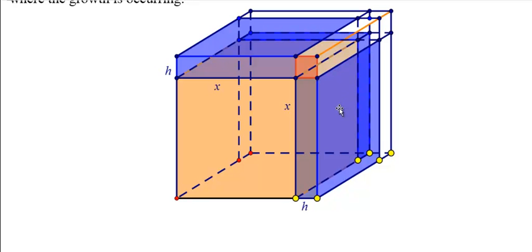We got plus 3x squared h, 3x squared h's. These are 3 squares with the thin delta x width, on the back side and the top. Then along the edges here, and the back, across the top, we got these little things that are x long and h by h on the end. So that's h squared x. There's 3 of those, and there's 1 h cubed in the corner. It's exactly what we get.